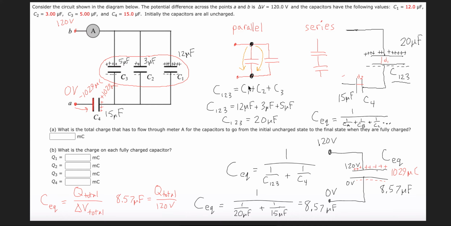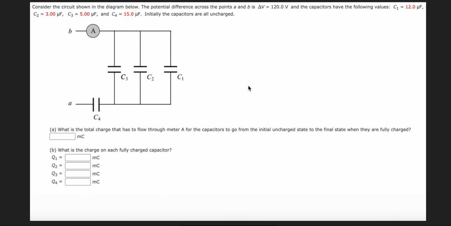We've got negative 1029 here, okay? And that means we're going to have positive 1029 here. And if we have positive 1029 there, then, oh shoot. I can't undo that, can I? All right, I can redraw it. Hold on. Anyway, I was saying we would have 1029 here, negative 1029 there.